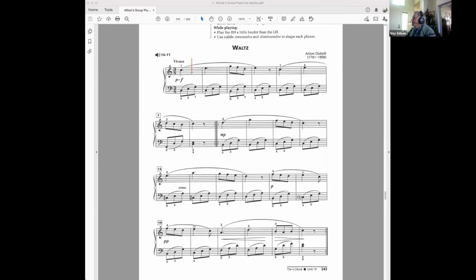A string player is not going to change their bow direction. They're going to play all six of those notes in one bow. Da, da, da, da, da, da, not da, da, nah, nah, nah, nah. Does that make sense? I guess. So we can't take breaths with our fingers. We have to have one finger playing all the way till the next finger plays, so it's a nice legato sound.